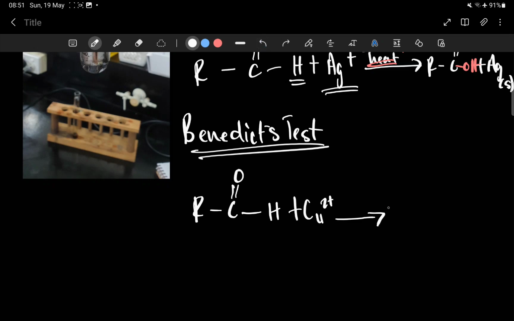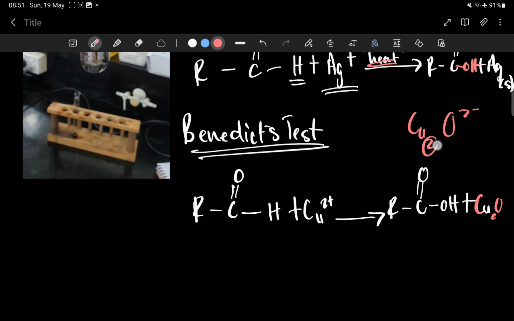And then what happens is you have your carboxylic acid, COOH, plus copper plus. Don't forget that. Okay? But this copper plus, they normally write it with oxygen. So it's Cu2O. That's obviously a copper plus because O is 2 minus, and we have 2 of the Cu's.